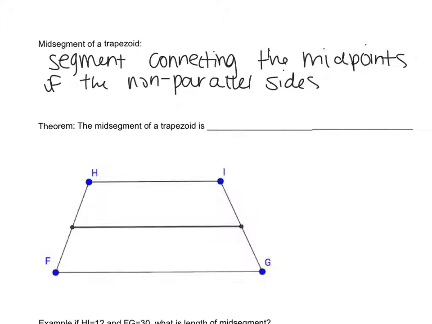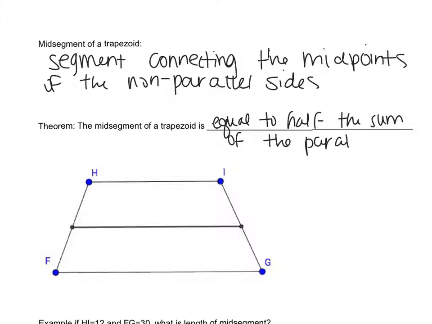And there's a theorem that has to do with the midsegment, and that states that the midsegment of a trapezoid is equal to half the sum of the parallel sides.